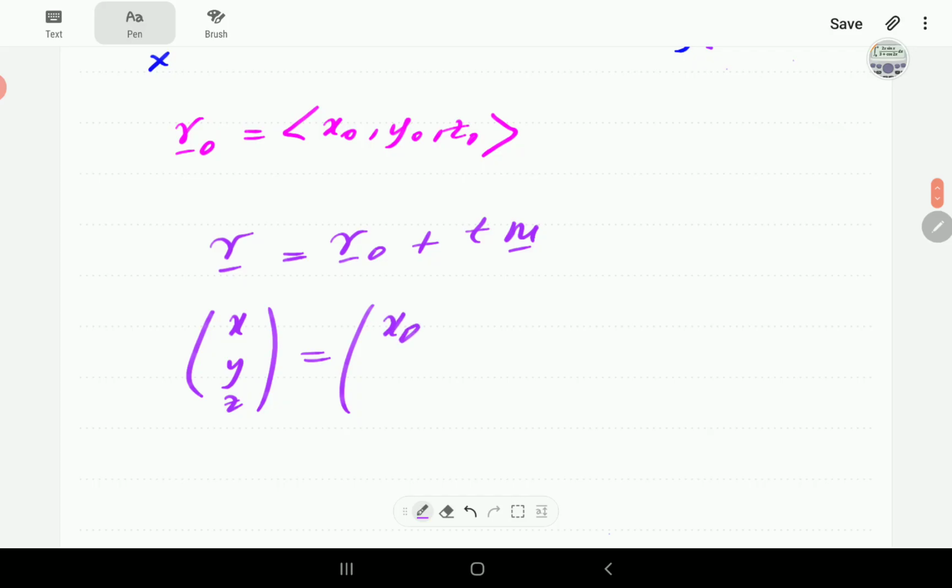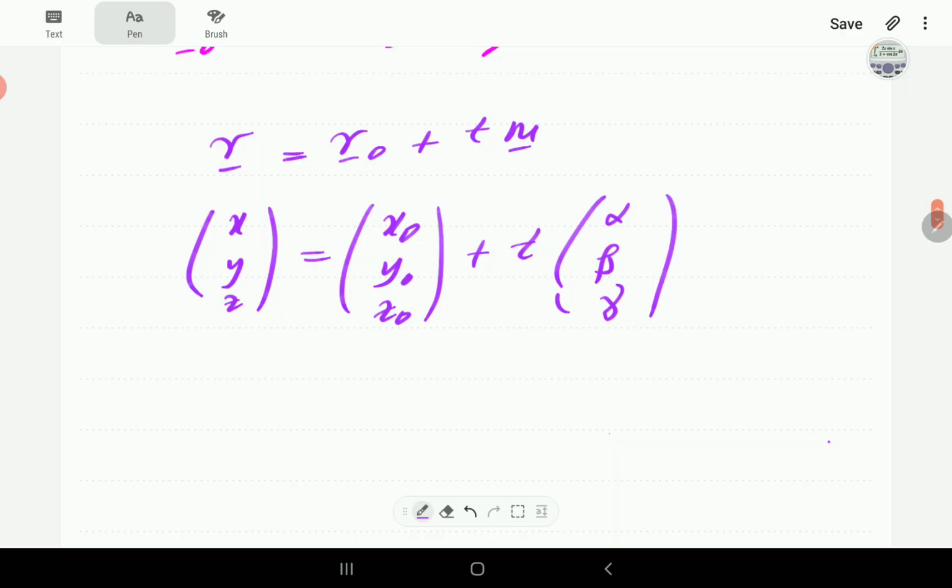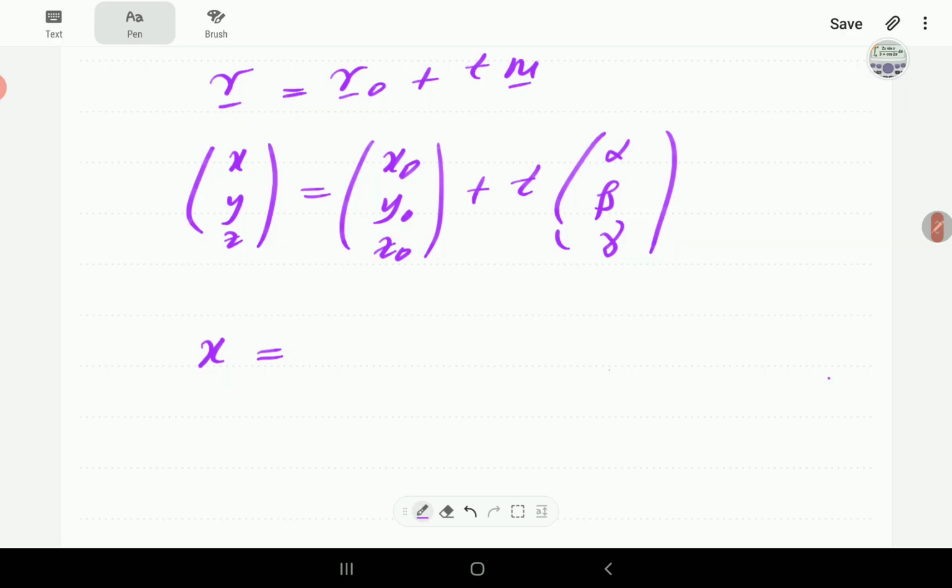This we can write, of course, in terms of vector matrices, so it's going to be alpha, beta, gamma. Then from here we split this into the respective components, and this gives us x equals x naught plus alpha t.